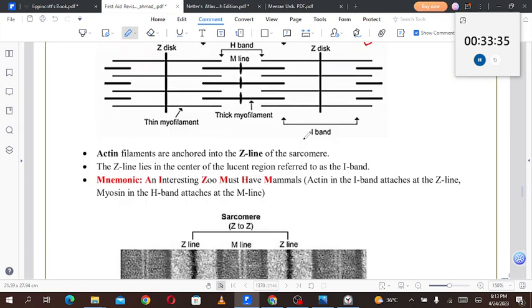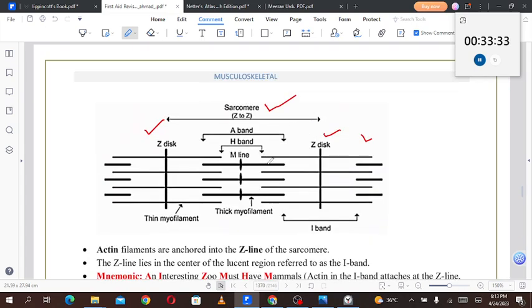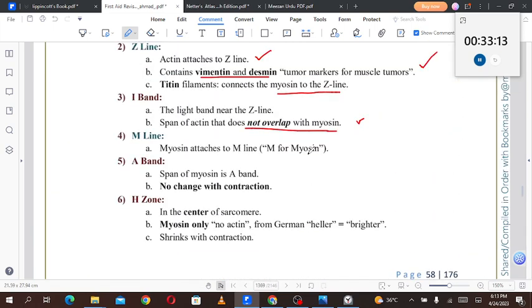Here you can see that the actin and myosin are overlapping in this zone, so this zone will appear darker. While in this zone, on each side of the Z disc, the actin and myosin are not overlapping each other. So this is a lighter zone, and that lighter zone is called the I band.